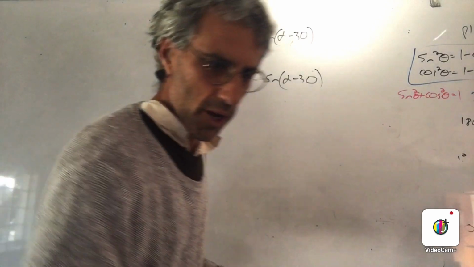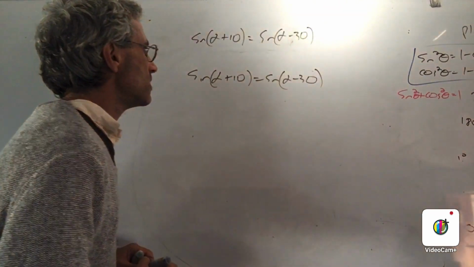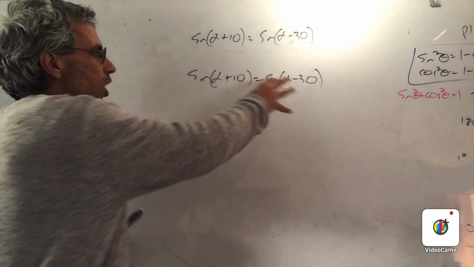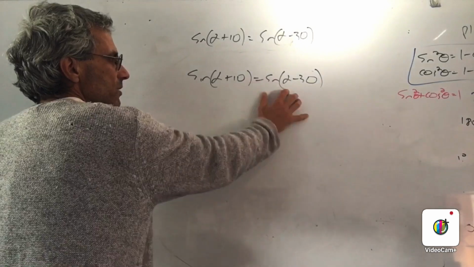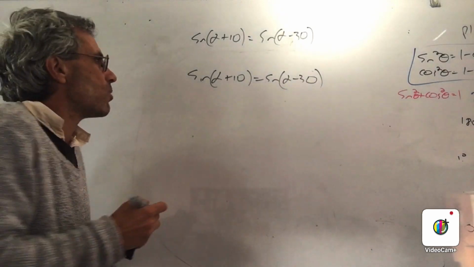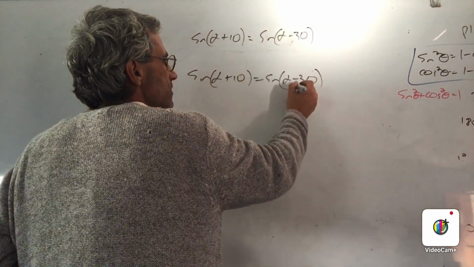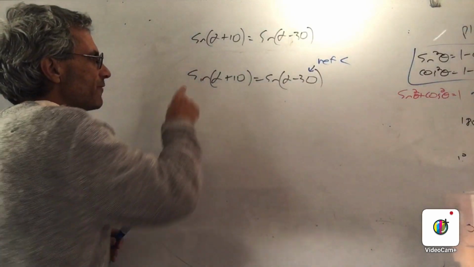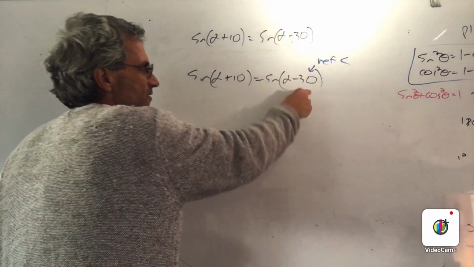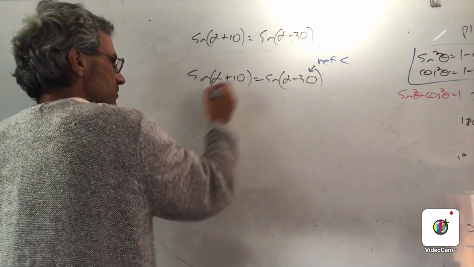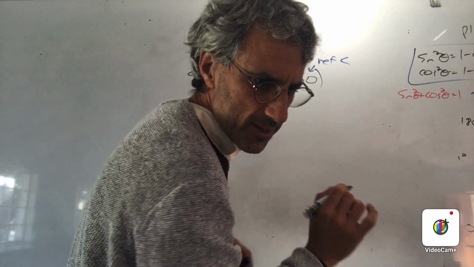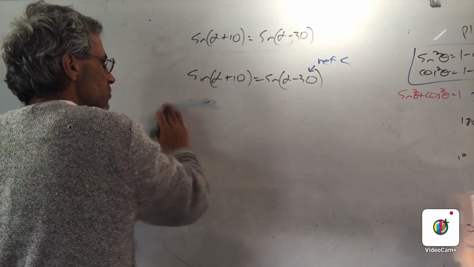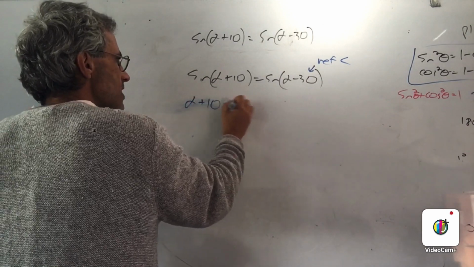So what I'm going to do, we did a little bit of this last year: you've got to decide on one of them to be the reference angle. It could be really any one. I'll just choose that one as my reference angle. So if sine of this angle equals sine of that angle, I'll write down alpha plus 10 equal to the reference angle.